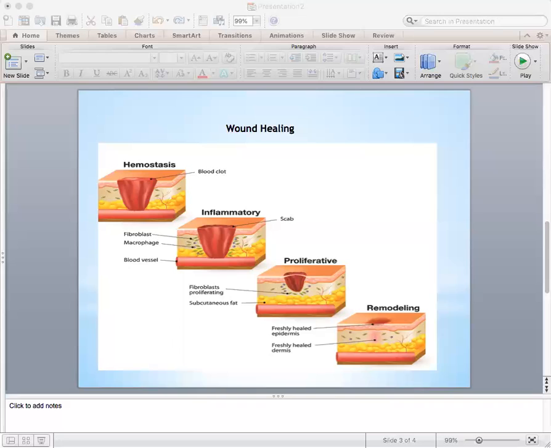Then we will go for systemic factors. Systemic factors are factors that disturb the overall wound healing mechanism due to disease situations. These factors are nutrition, obesity, age, diabetes, and smoking. First of all, nutrition. For thousands of years, nutrition has played a vital role in the wound healing process.